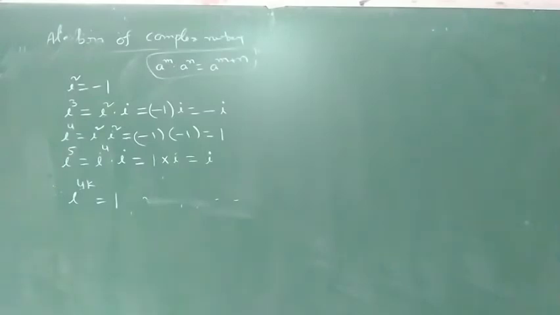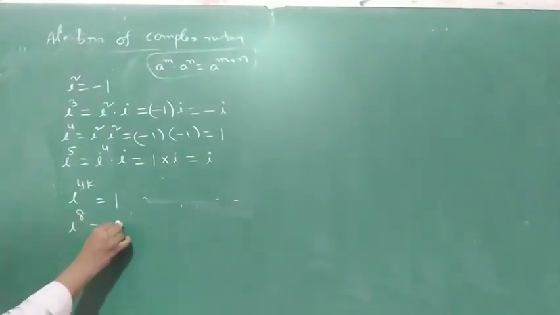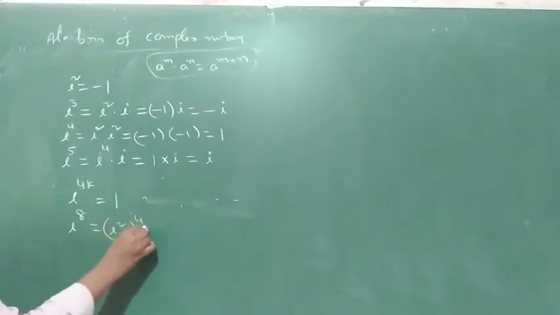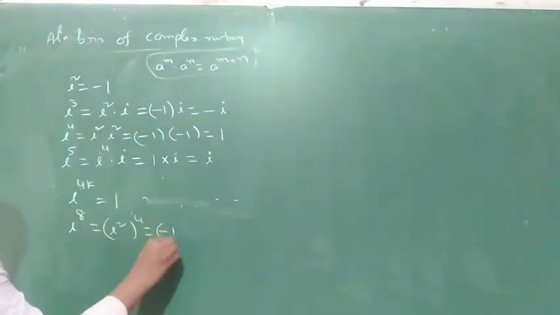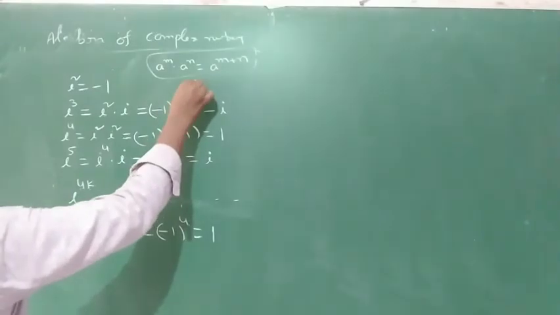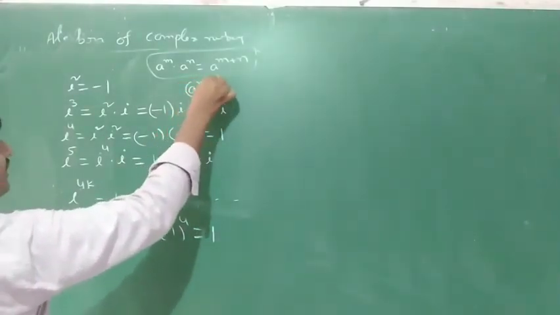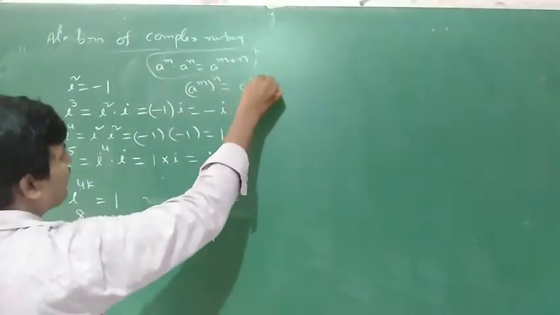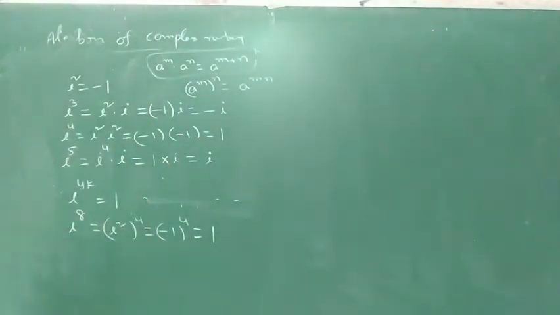For example, i power 8 is equal to i square whole power 4, that is minus 1 whole power 4, which is equal to 1. This is which formula? a power m whole power n is equal to a power m into n.